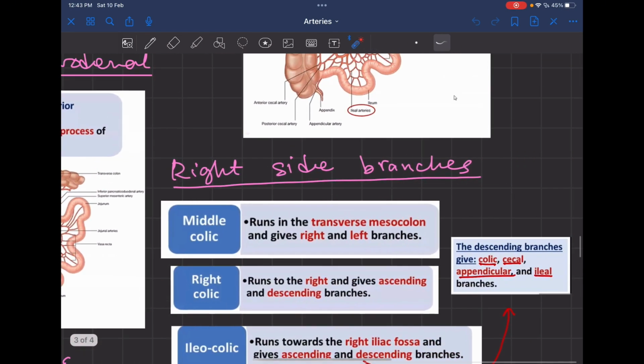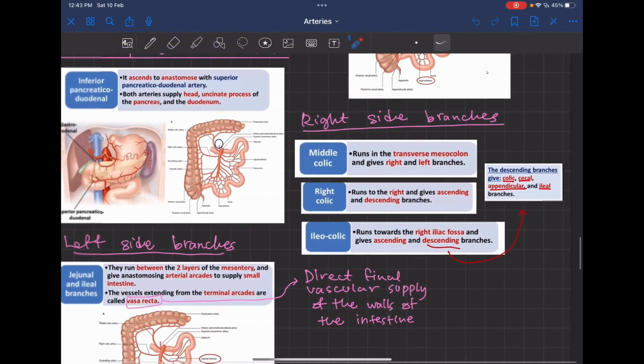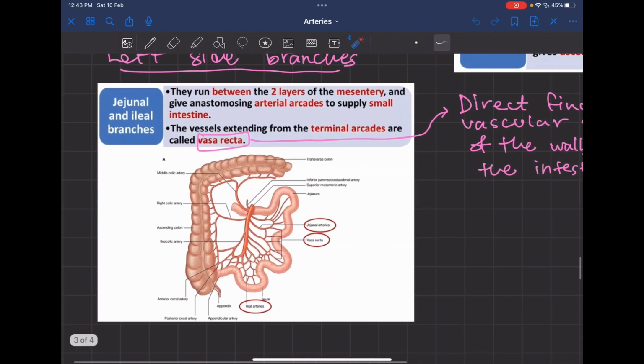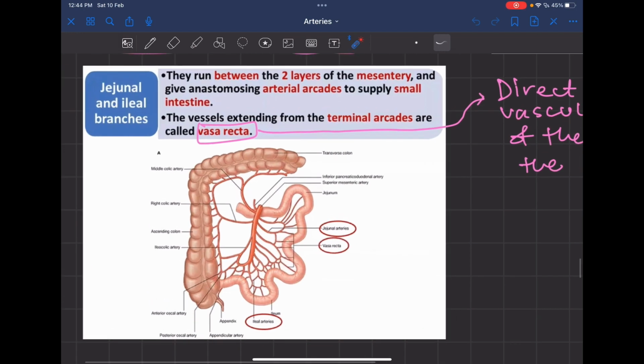Now, moving on to the right side branches of the superior mesenteric artery. Actually, the superior mesenteric artery gives off some branches on the left and branches on the right. Now, for the branches that are on the right, first of all, we need to discuss the middle colic. As you can see here, middle colic, because it will be between the right and the left colic arteries, and the left colic artery we'll discuss in the inferior mesenteric artery branches.